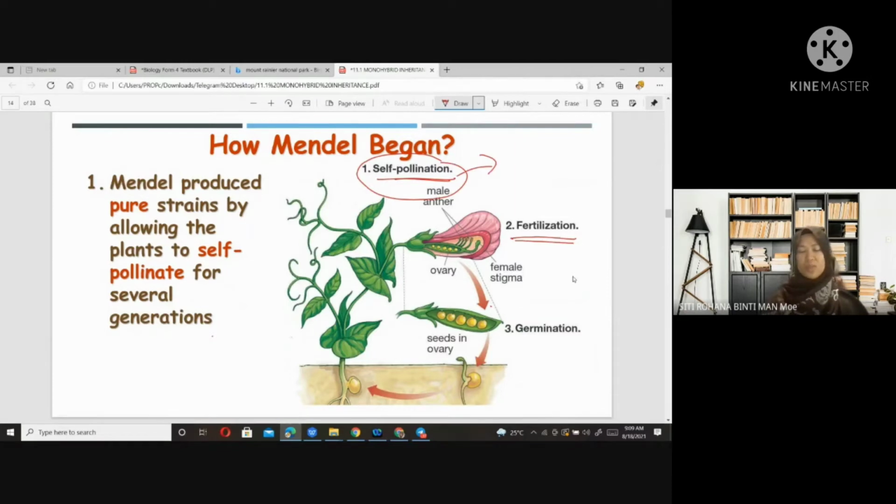Okay, pollination means that transfer of the pollen grain onto the stigma. So fertilization occur. Okay, next germination occur. Okay, konsep tentang sexual reproduction. Okay, germination ni percambahan biji benih lah. Okay, so after fertilization for sure seed will be formed.